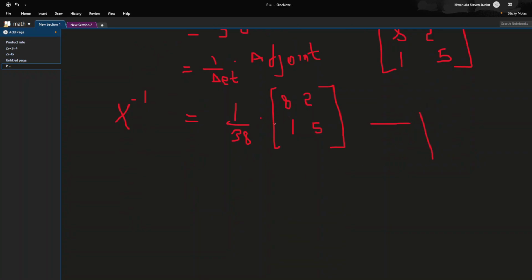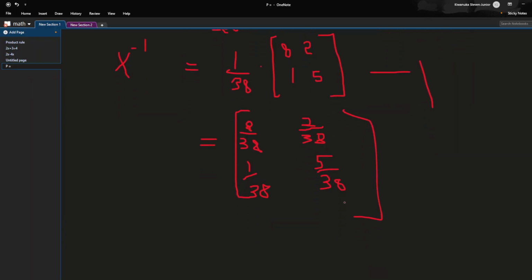Inside the table we get 8 out of 38, then 2 out of 38, then 1 out of 38, then 5 out of 38. So now this is our X inverse.